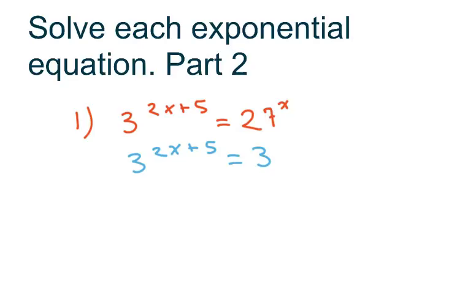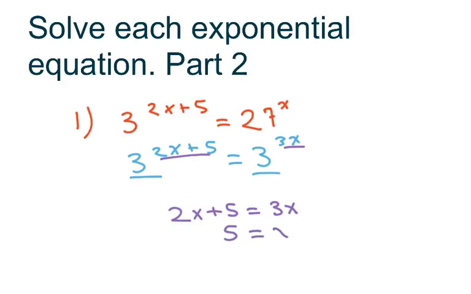So I'm going to keep my bases the same. It's 3 cubed, and you multiply it by the x. And then all we have to do is solve for the exponent, and you get 2x plus 5 equals 3x. I'm going to go ahead and subtract the 2x from both sides, so I get 5 equals x.